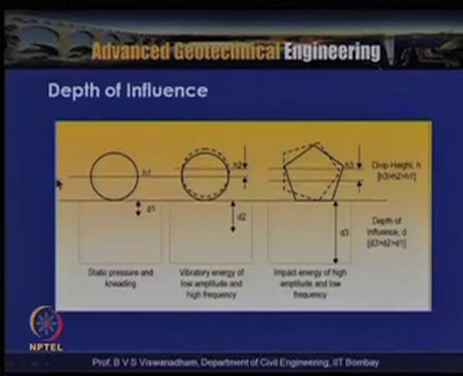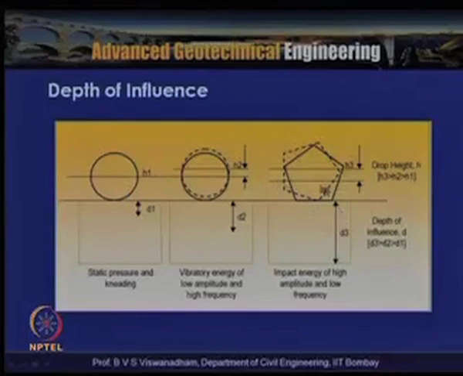Here a conventional static pressure roller is shown. The depth of influence is D1, and with a vibratory roller the depth of influence is D2, so D2 is greater than D1. But when you have impact energy with an impactor, which has a non-circular compactor, the dropping height H3 will be greater than H2, greater than H1.